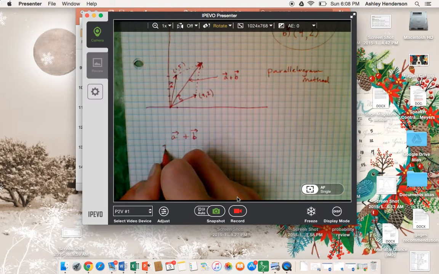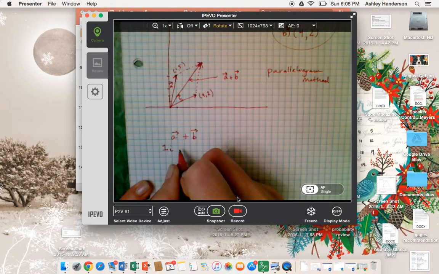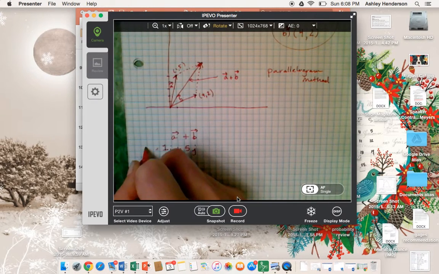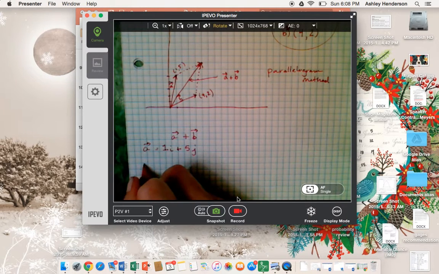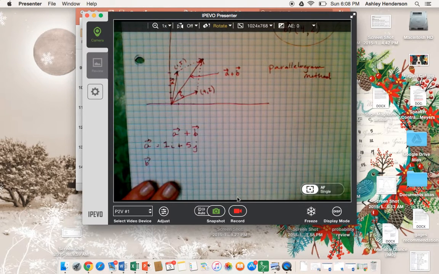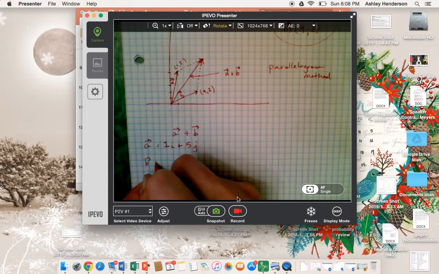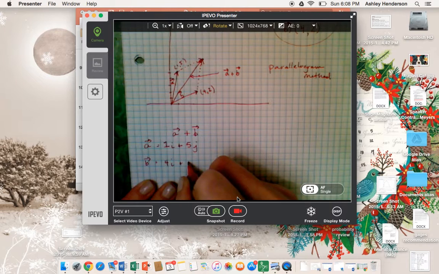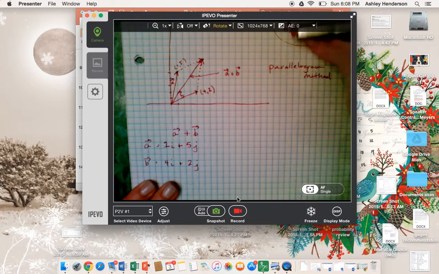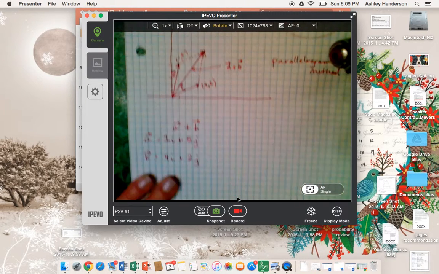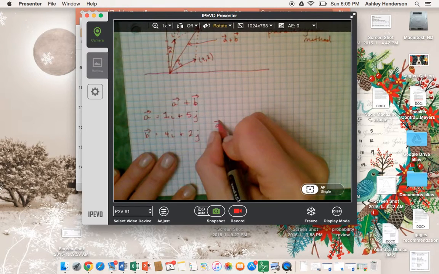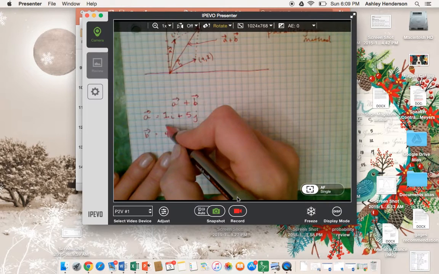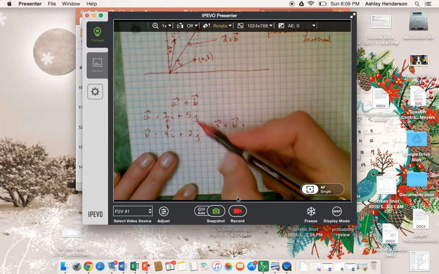So I would say 1i plus 5j equals vector A, and vector B is written as 4i plus 2j. And there's nothing really fancy here. If I want to add vector A and vector B together, I'm just going to add the i components together and add the j components together.